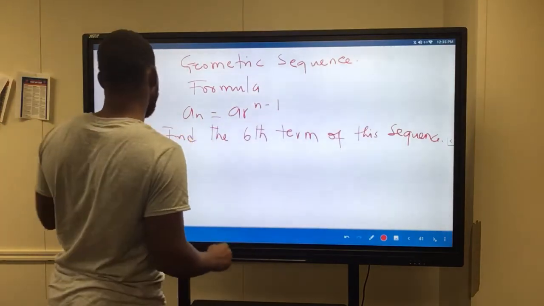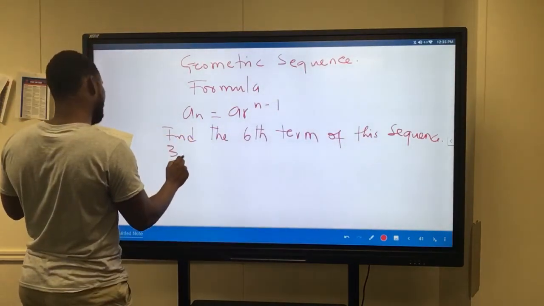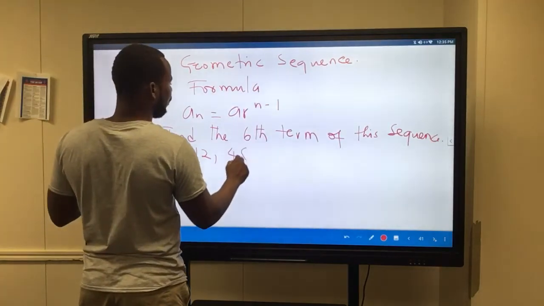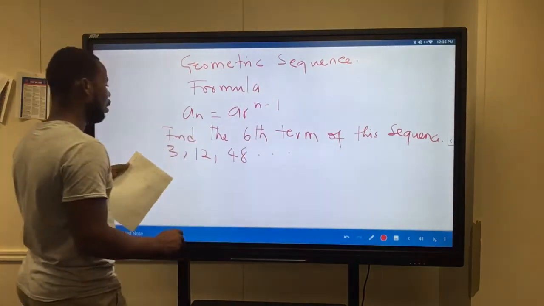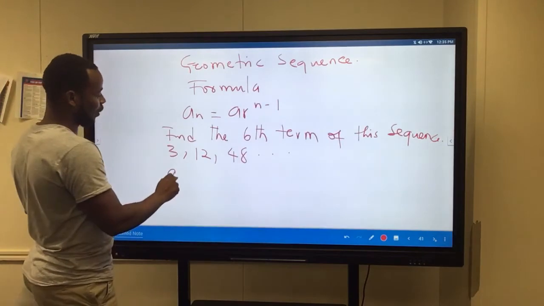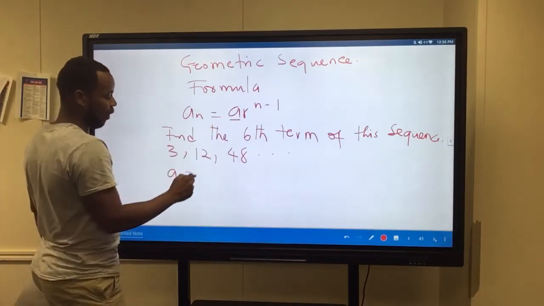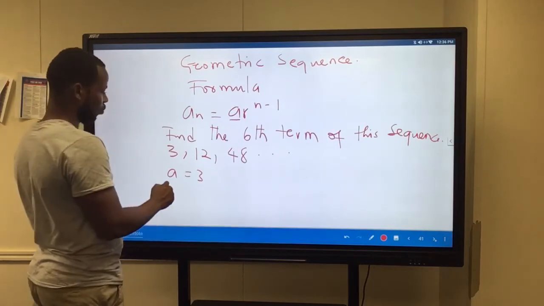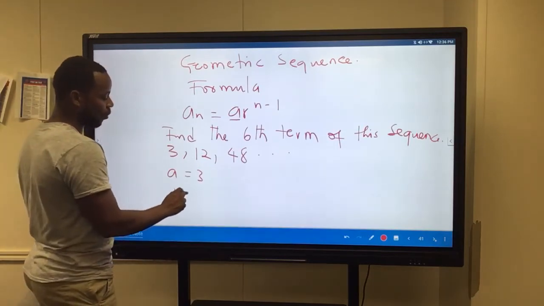What's the sequence? We have 3, 12, 48, all the way. Now, how do I know? This is my first term. Remember, a is the first term, which is 3. R is the common ratio.